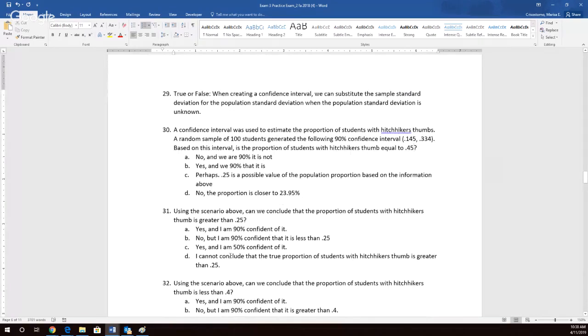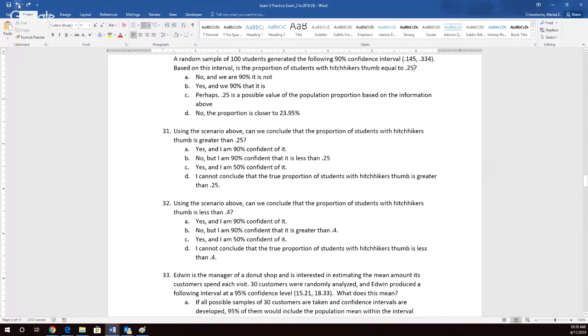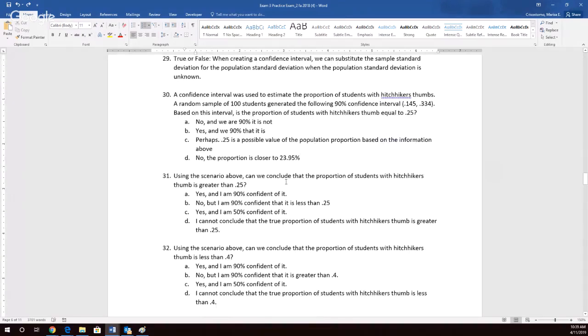Going down to this one, kind of similar. Can we conclude that the proportion of students with hitchhiker's thumb is greater than 0.25? So again, the true population proportion could be anywhere in this interval.